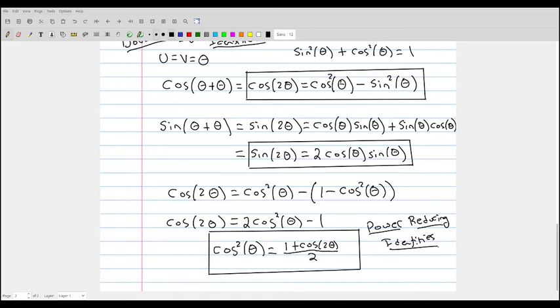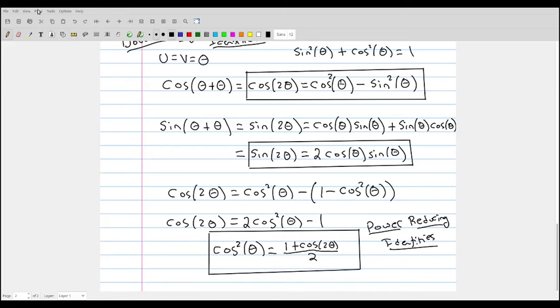Extremely important in calculus 2 when you're doing what's called trigonometric substitution, and you want to know how to take the definite integral of cosine squared. This identity breaks down cosine squared into something that's much more manageable to take the antiderivative of.